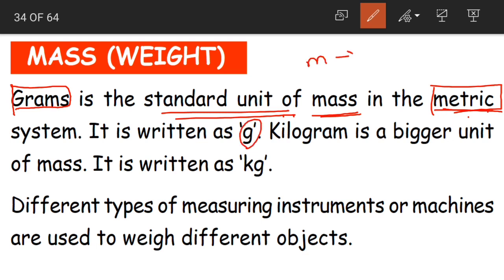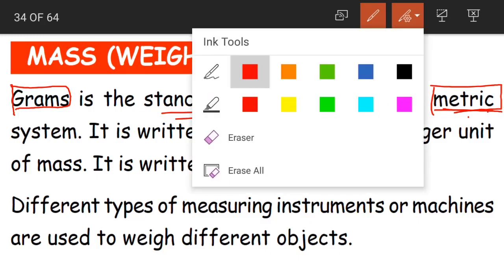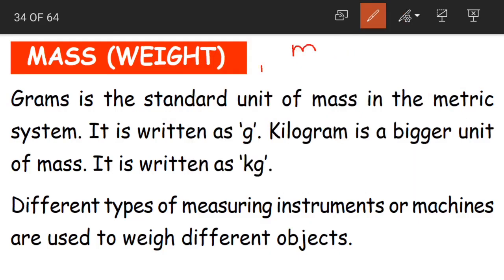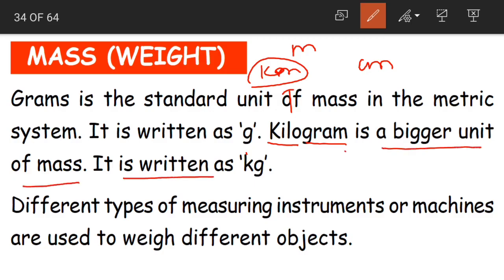For meters, we've used the letter m to represent meters. In the same way for grams, it is written as g. Again in the meters we had kilometers and centimeters. Kilometers was for larger distances. In the same way for grams we have kilogram. Kilogram is a bigger unit of mass and it is written as kg.